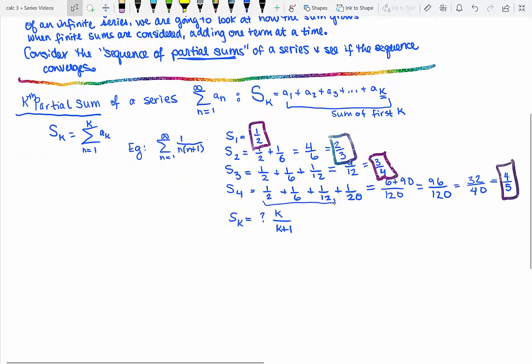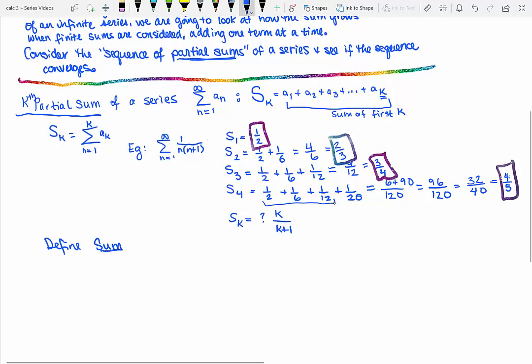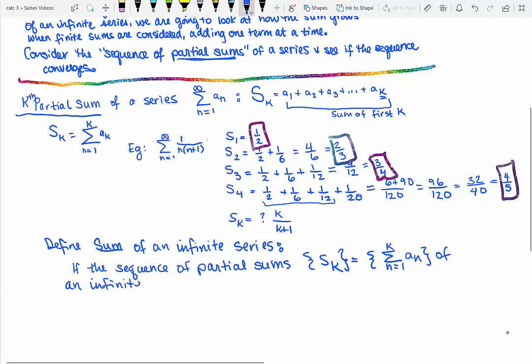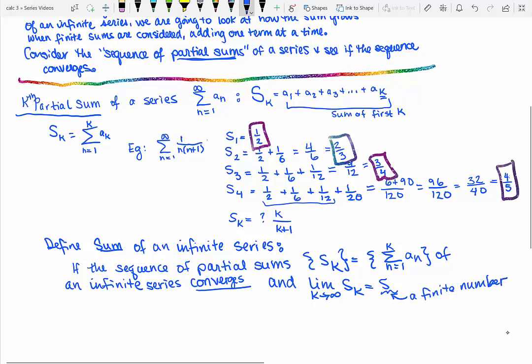So we're going to define the sum of a series as follows. If the sequence of partial sums of an infinite series converges, and the limit as k goes to infinity of S sub k equals some finite number S. So remember, if a sequence converges, we call the limit of that sequence, that's what this S is representing here.